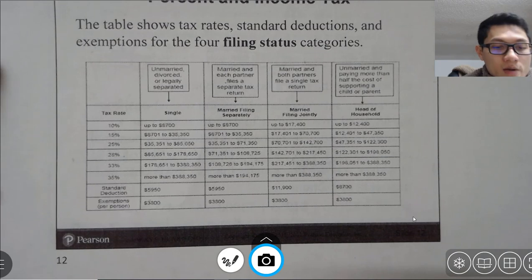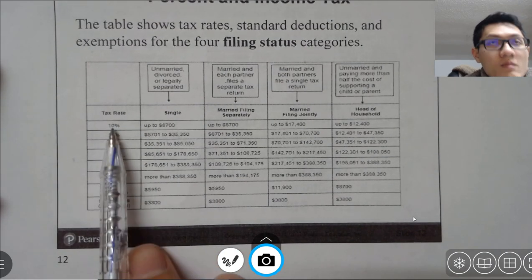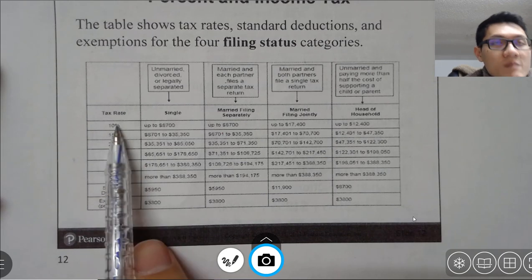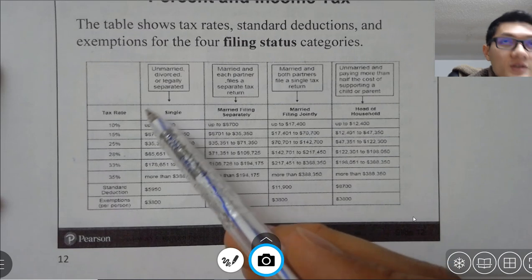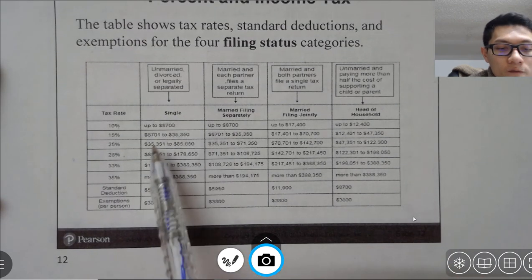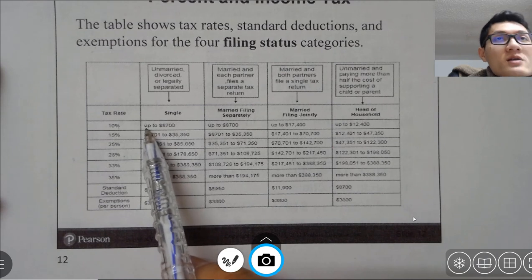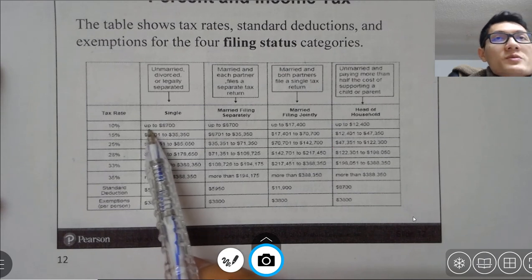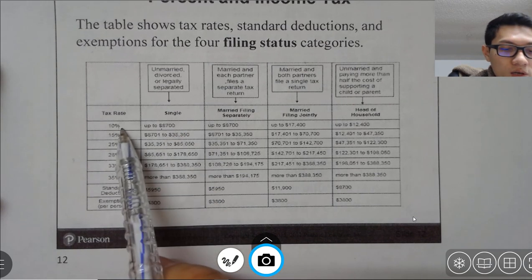Now, the tax rate, we have a lot of different rates. 10%. So let's consider a case for the single. If you work and you make money, and your money is only from $0 up to $8,700, then we take 10% for that amount.